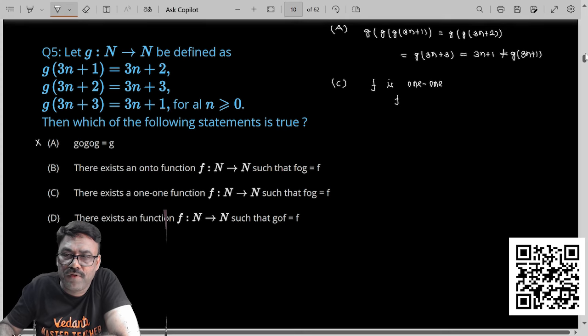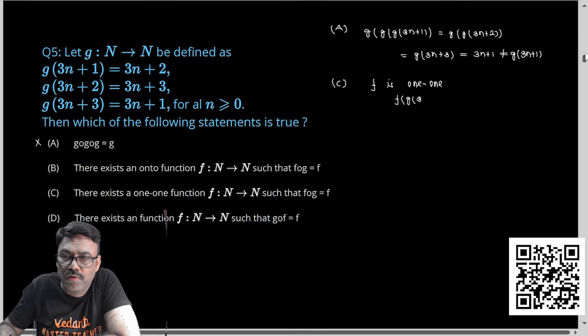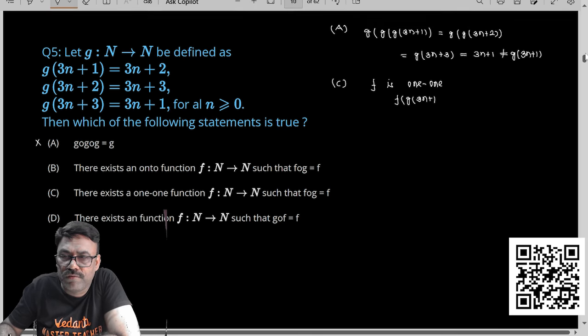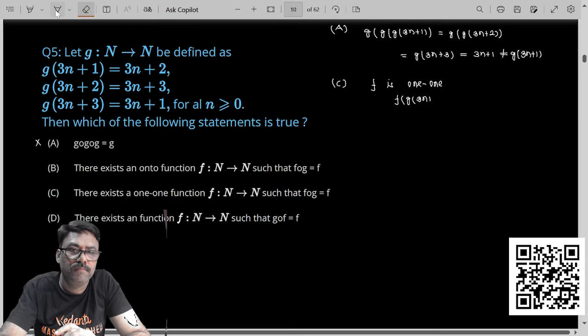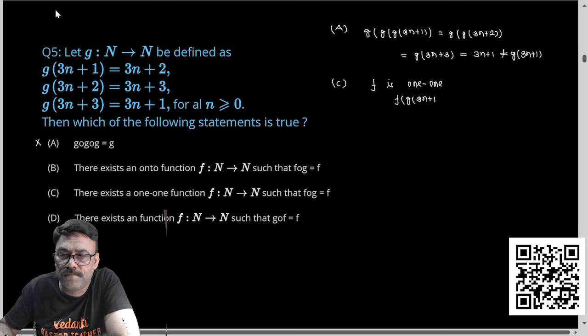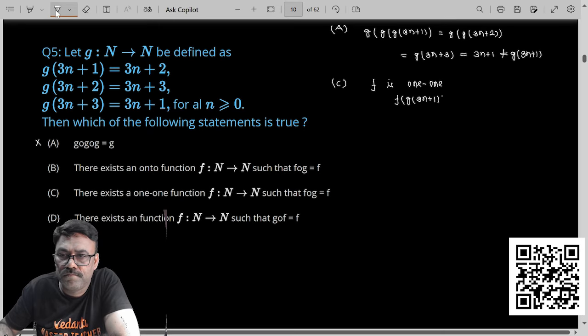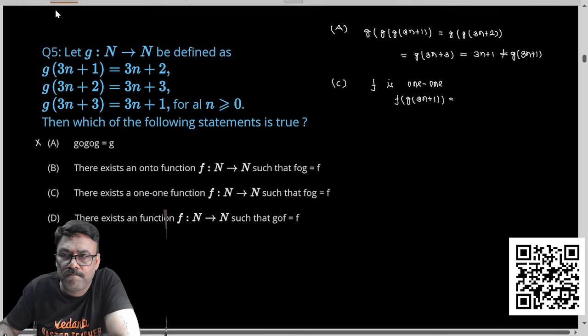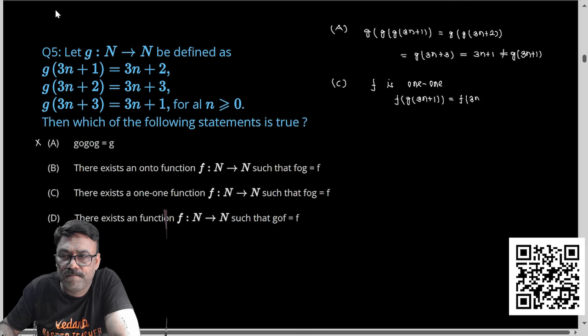So see, if f is one-one, f of g of 3n plus 1 is f of 3n plus 1.